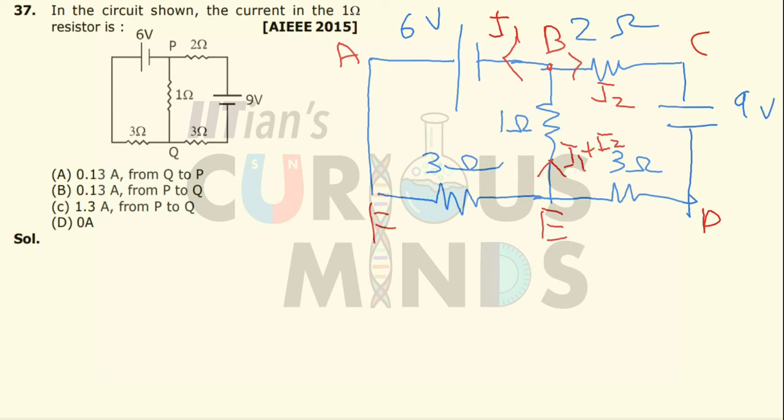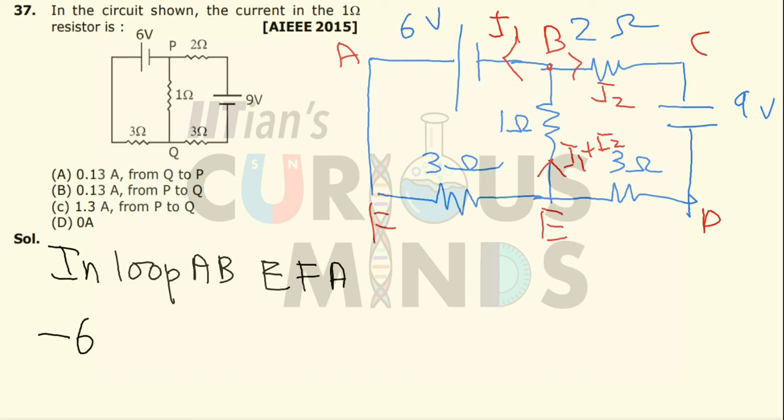First I will apply it for a loop. In loop A, B, E, F, A, I will apply the loop over here. A to B, it is equal to negative 6 volts. From B to E, I am going opposite to the direction of the current, so it will be equal to plus 1 into (I1 plus I2).